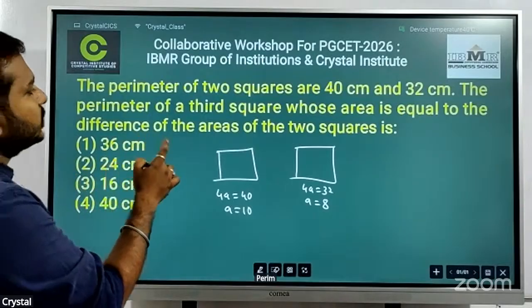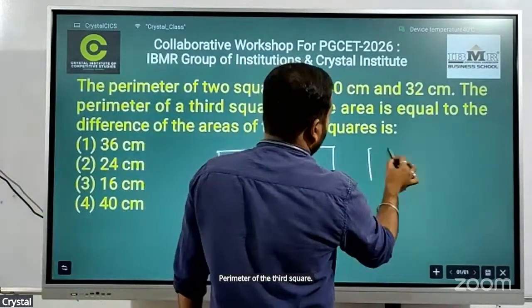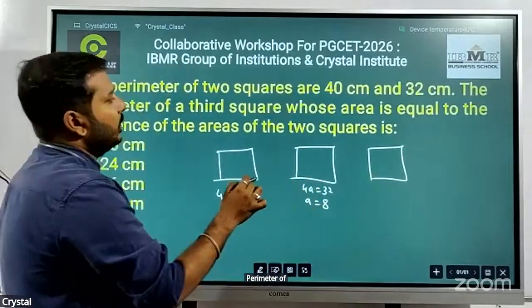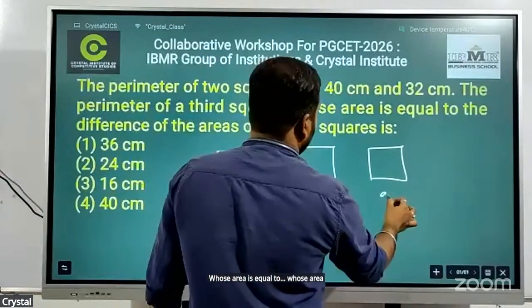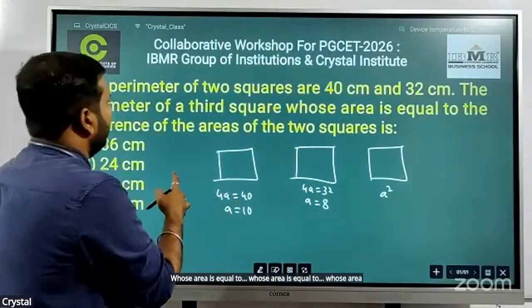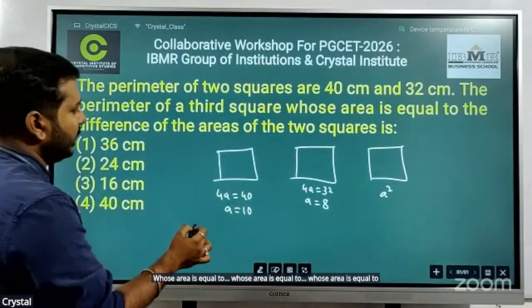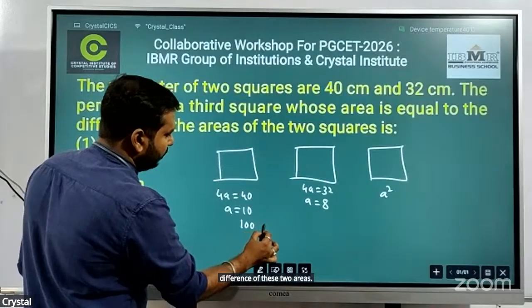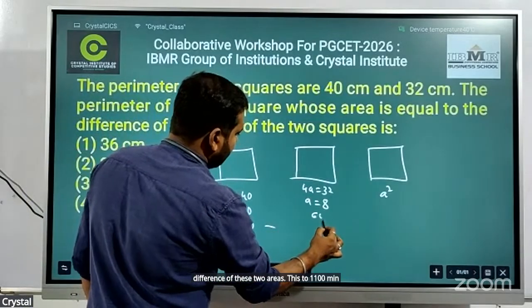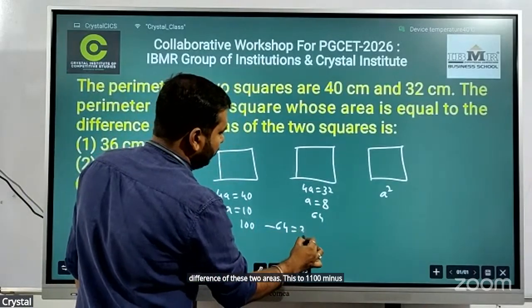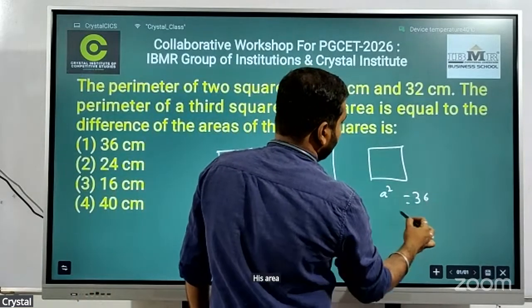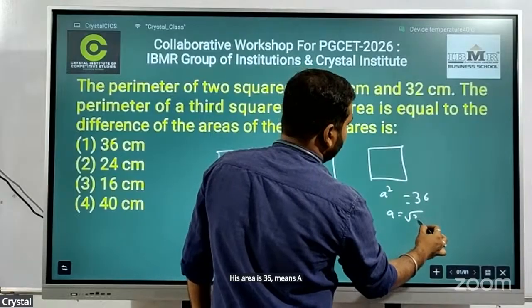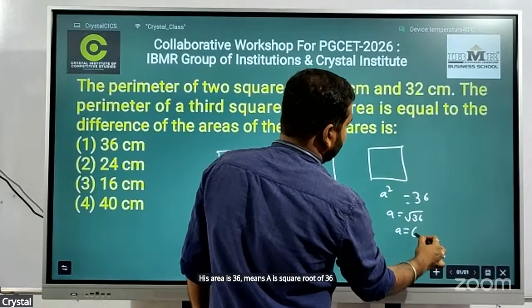Perimeter of the third square whose area is equal to the difference of these two areas. These two areas means 100 minus 64 is equal to 36. Its area is 36, means a is square root of 36, a is 6.